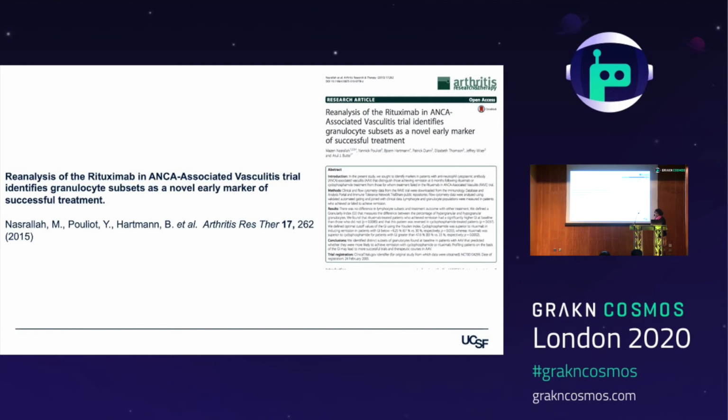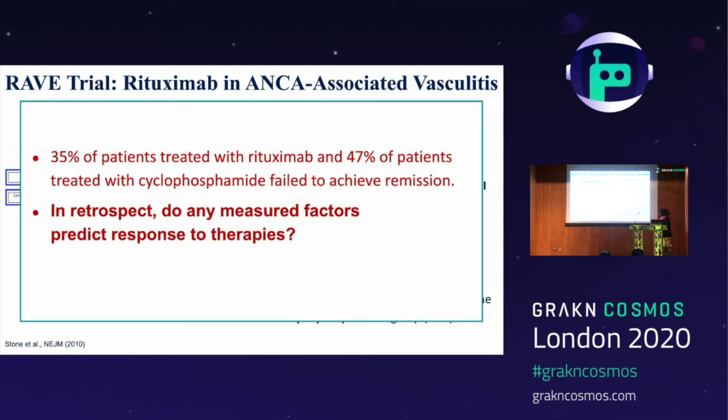This trial was a randomized, double-blinded phase 2/3 trial comparing rituximab to cyclophosphamide. These are the two drugs for treatment for induction of remission in vasculitis patients. We have about 197 participants.